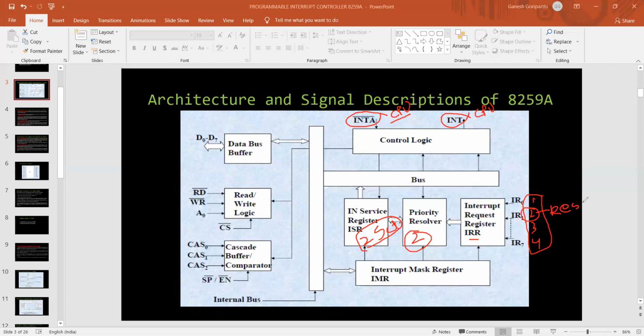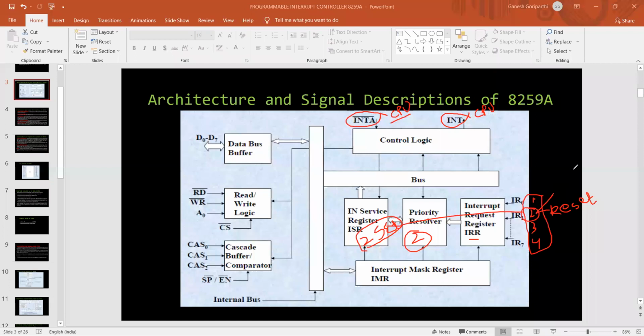Why are we resetting this here? Because this is already being served. Why do we need to keep it set? That is why we reset it, and the second bit is ready to accept another interrupt request.